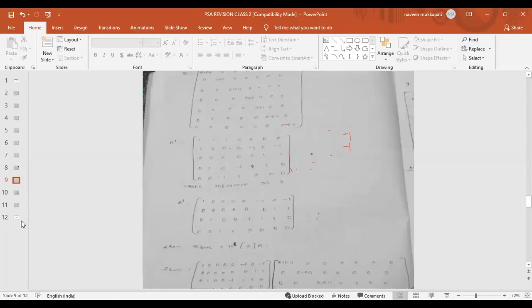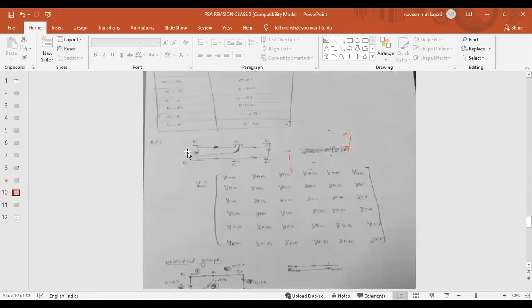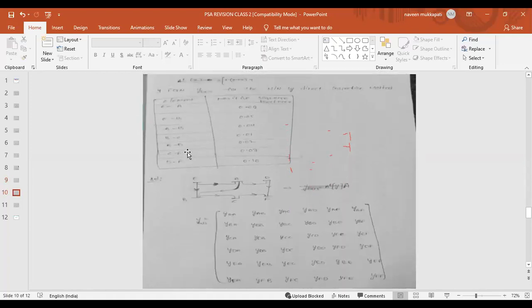Okay, coming to the next problem. This is the given problem, in which the elements are E to A, E to B, A to B, B to C, A to D, C to F, D to F. We have the positive sequence reactances, from 0.02 to 0.5.